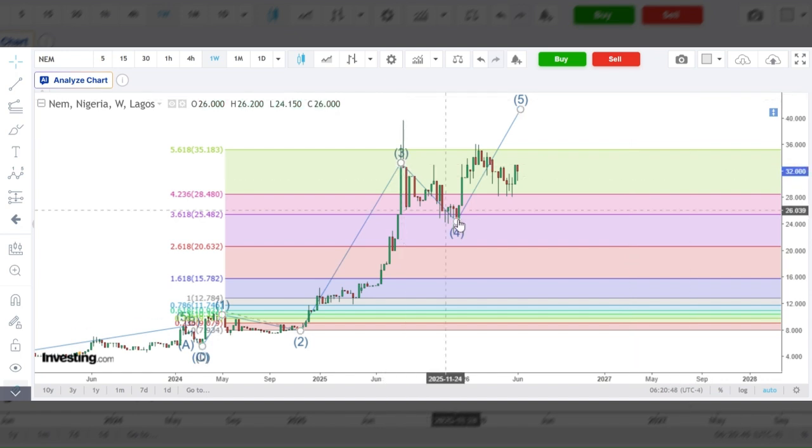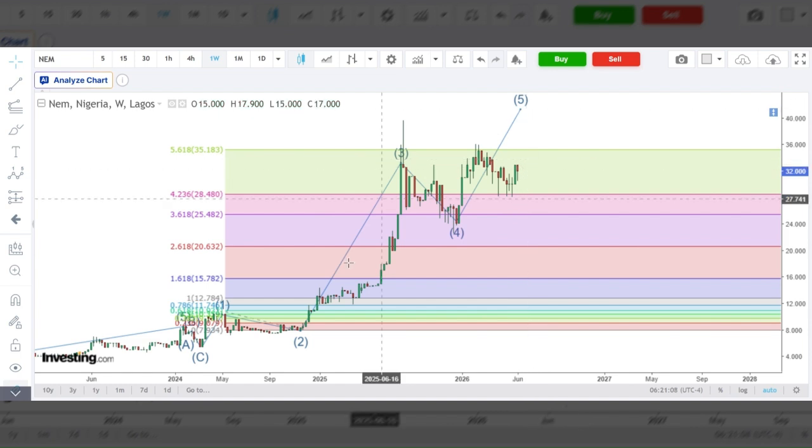This is corrective. This was one, and this is wave one for an impulsive. This is wave two, and then we are going to enter the third wave of the fifth wave.